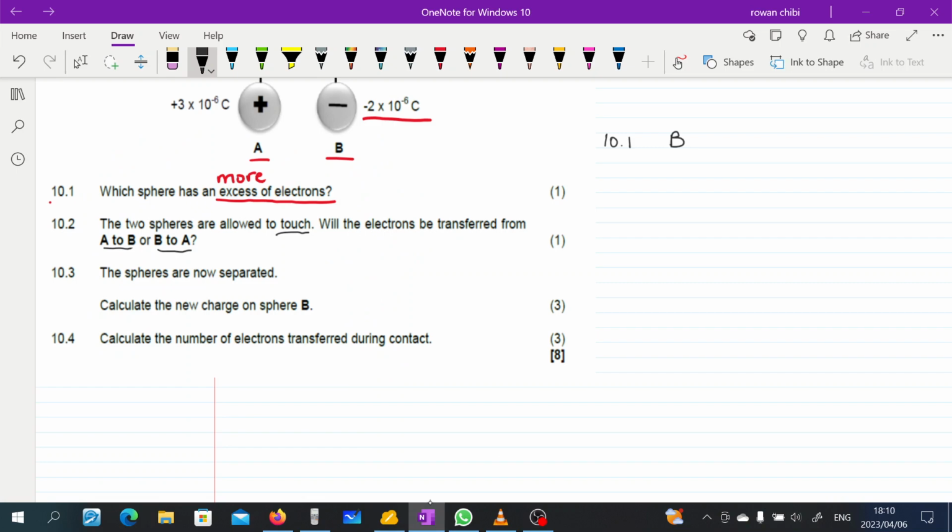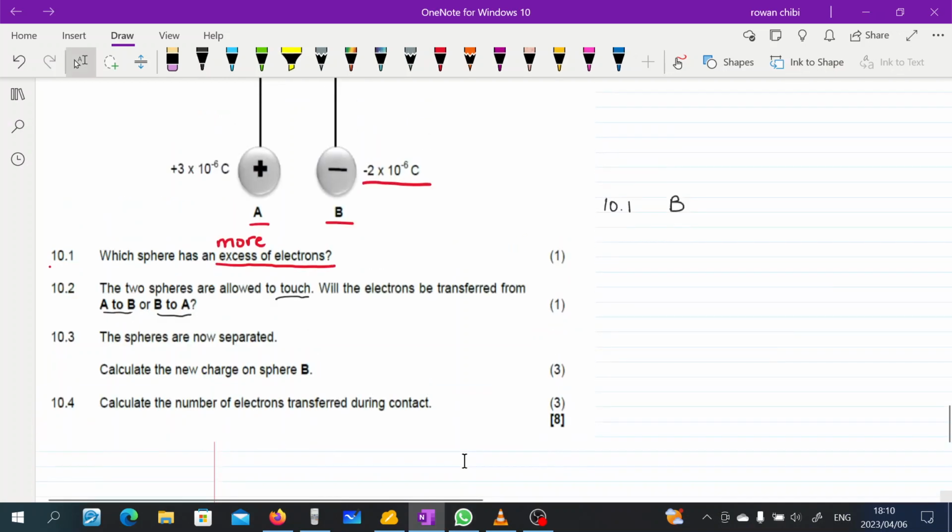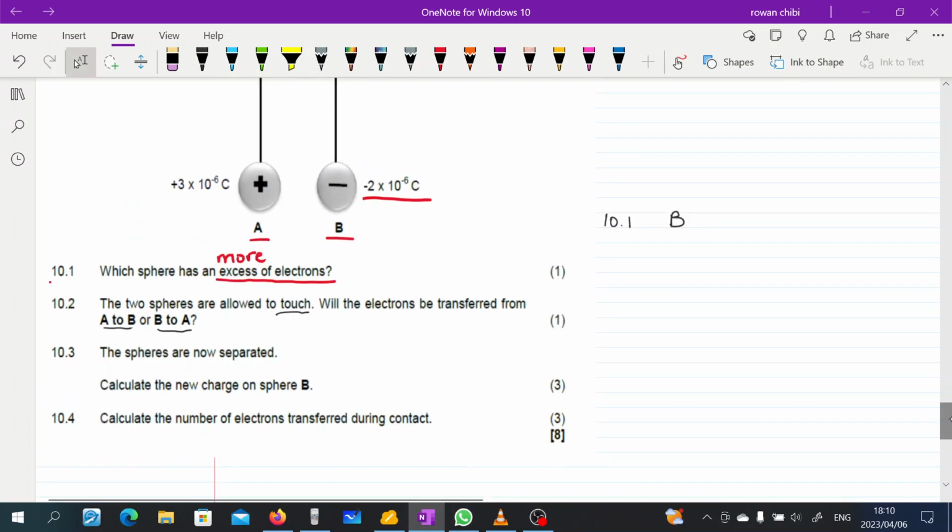So in this case, they are going to move from B to A. They are going to move this way, from B to A. So that is 10.2. Now let's go to 10.3.